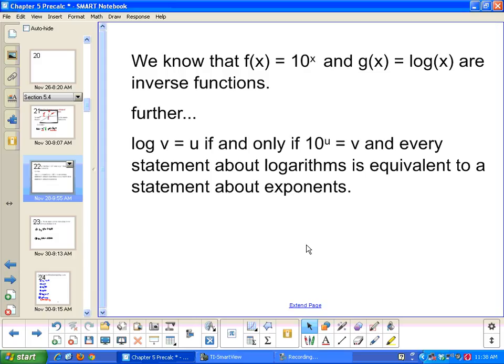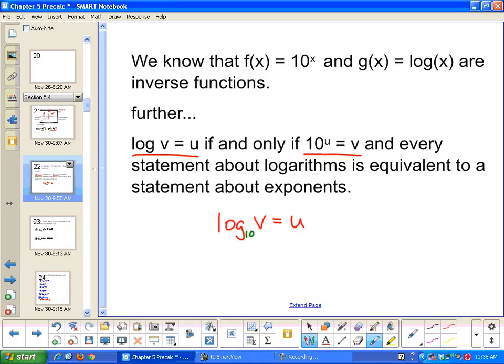Further, we know that if the log of v is equal to u, then 10 to the u is equal to v. So let's look a little closer at that. So we have log of v is equal to u. Now, what you don't see when I write log is that this base here is 10, okay?